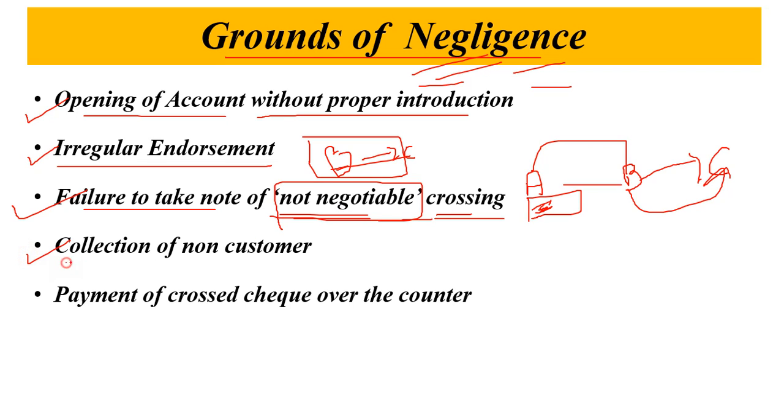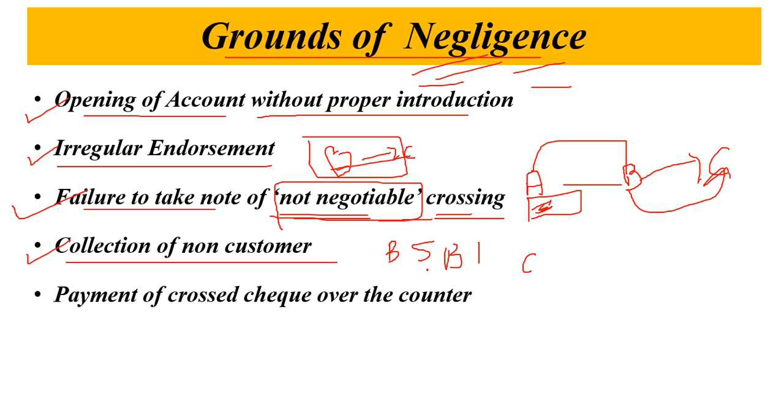Next is collection of a non-customer. Now, collection of a check, the banker has to do for his customer only. For his customer means if the customer is having an account with the bank, then only the instrument has to be taken. Now suppose B's account is in SBI, and C comes to SBI.